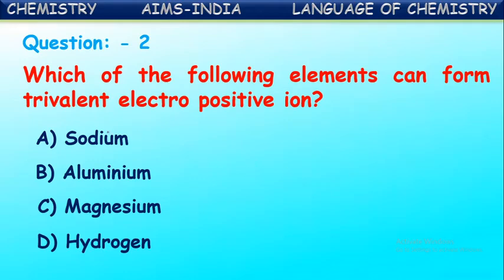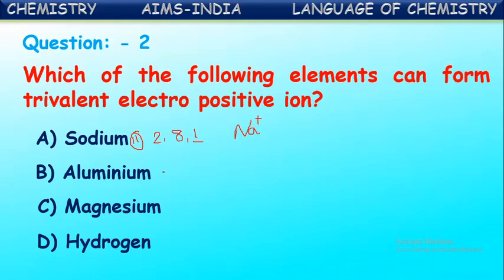See the number of valence electrons in each atom so that we can understand easily. Sodium's electronic configuration is 2, 8, 1 because its atomic number is 11. As it has only one valence electron, it forms Na plus ion by losing that electron. So a monovalent electropositive ion is formed by sodium.